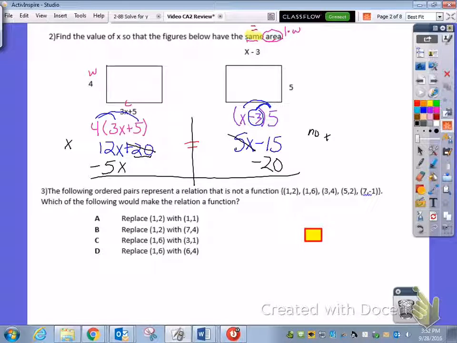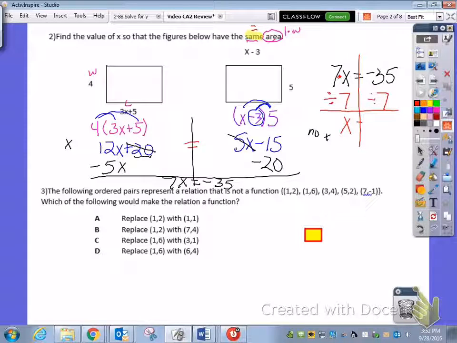So 12 minus 5 is 7x, equal to negative 15 minus 20, which is negative 35. So 7x equals negative 35. Then I need to finish solving. This is multiplication, so the opposite is to divide. You divide by 7, so x equals negative 5. That is the value of x for them to have the same area.